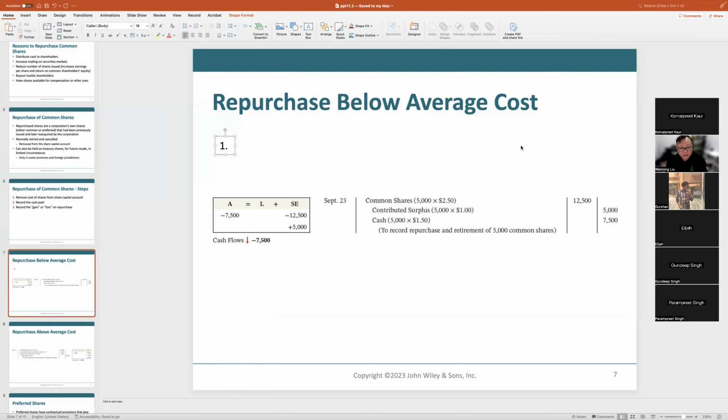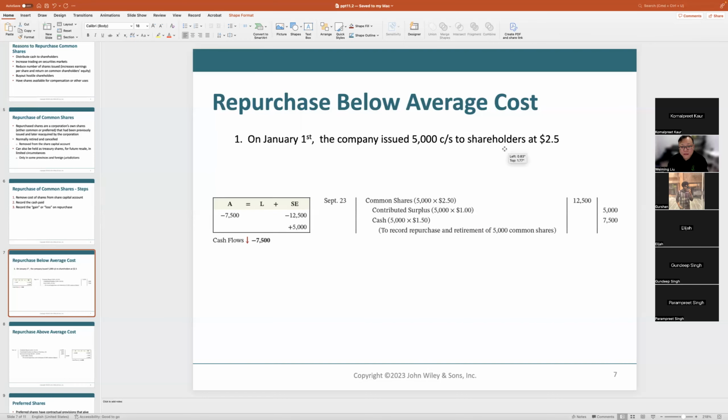So number one, maybe on January 1st, first, the company issued 5,000 common shares to shareholders at $2.50.